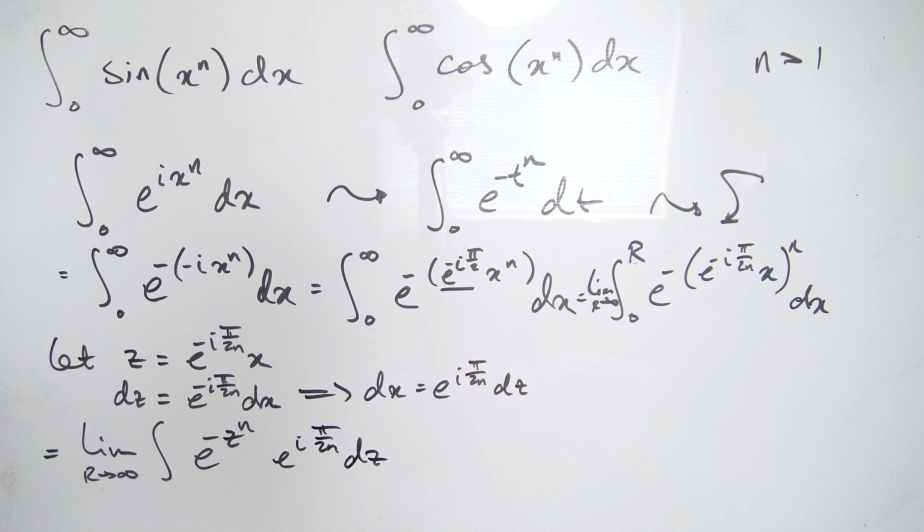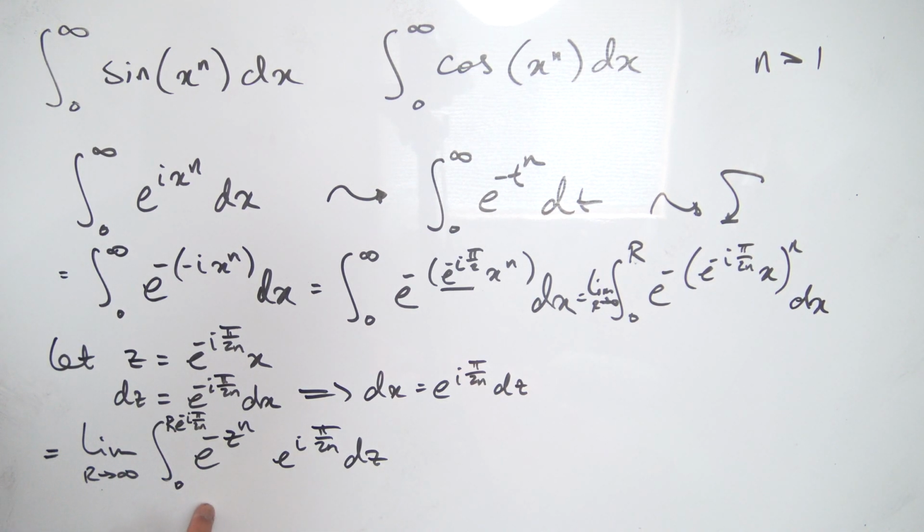And now how about our bounds? If we plug 0 into x, our z is 0, because 0 times anything is 0. But if we plug r in, then we get some weird complex number. It's actually going to become r times e to the minus i pi over 2n, so pointing in some weird direction in the complex plane.